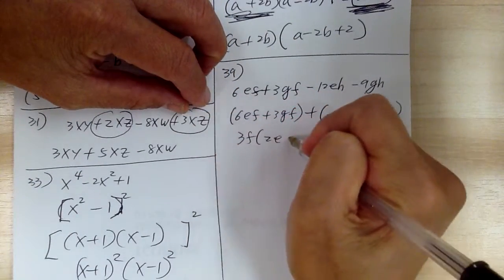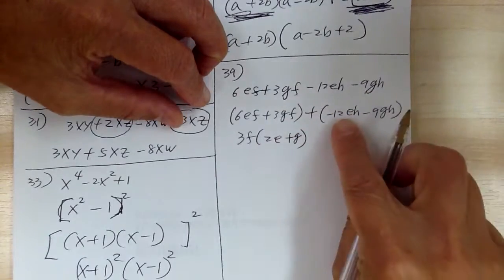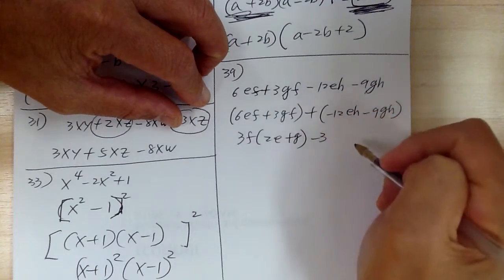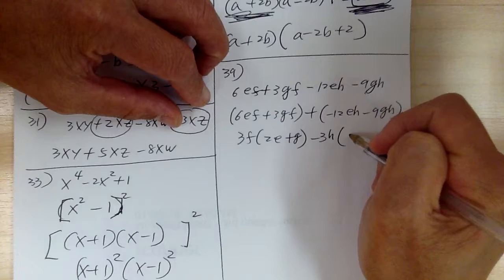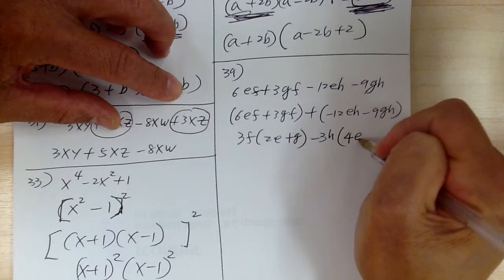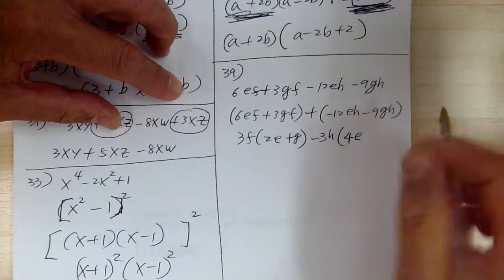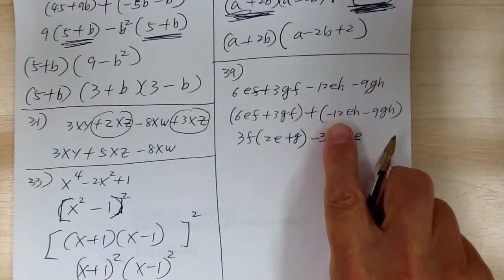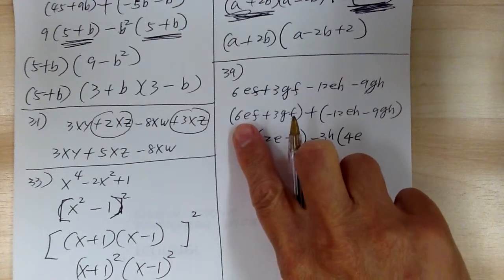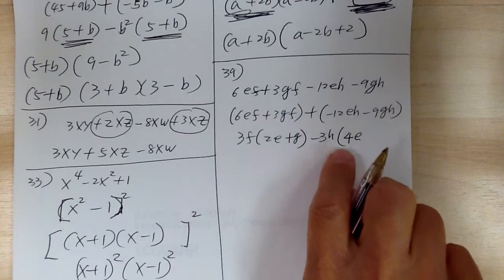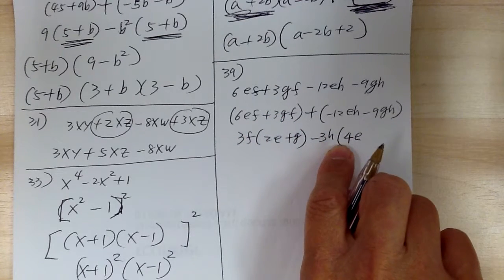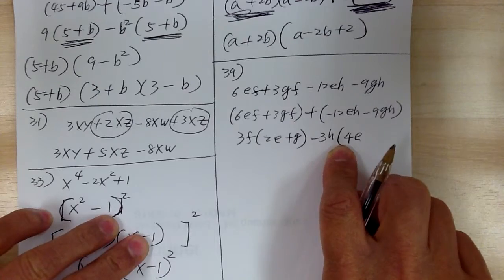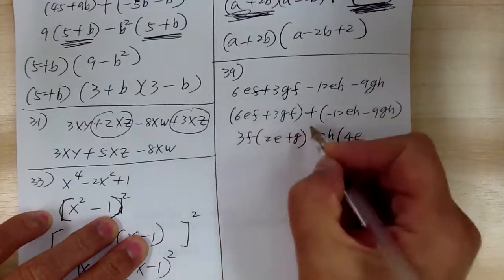So you get 2e plus g. Over here, I need to factor out the negative 3h. So I get 4e. Okay, let me double check. 6e3. So factor out the 3. Yep. Yeah, so this is not going to work.